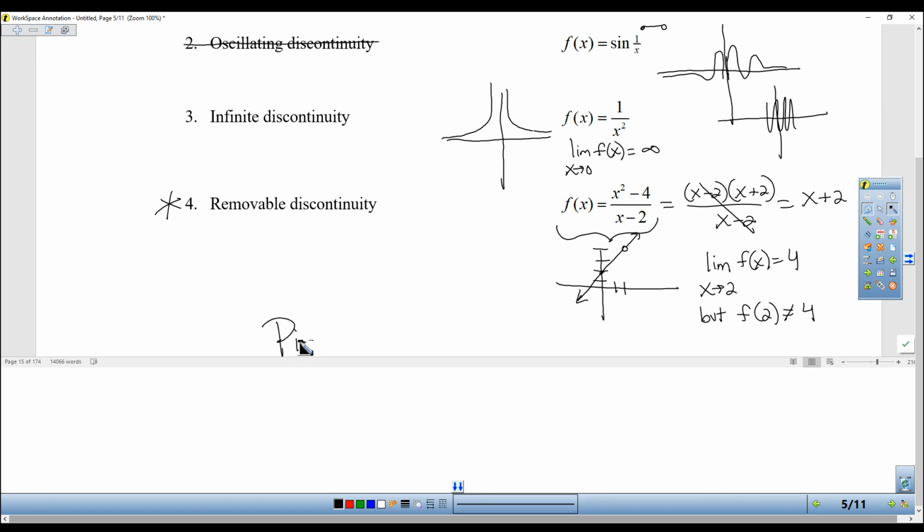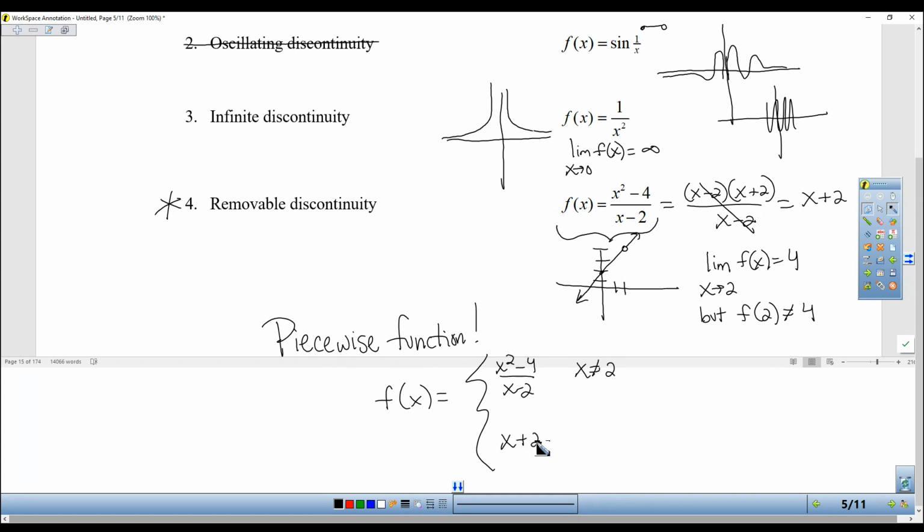We're going to make a piecewise function. So I'm going to rewrite it as f of x is equal to x squared minus 4 over x minus 2, and it's this function for x is not equal to 2. And then it's this function when x is equal to 2.